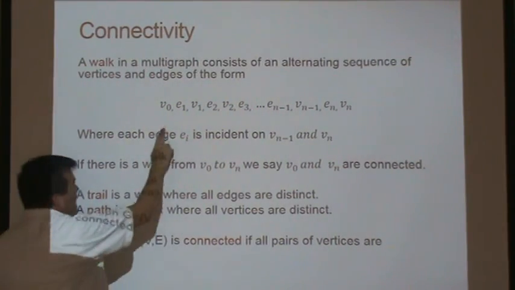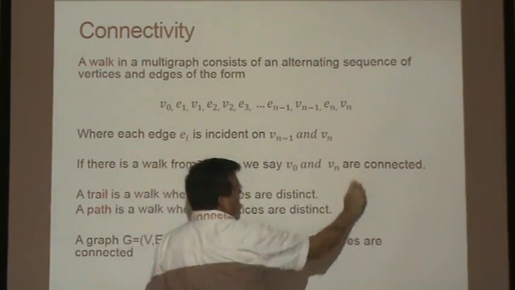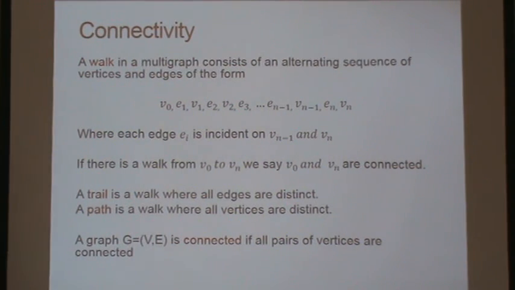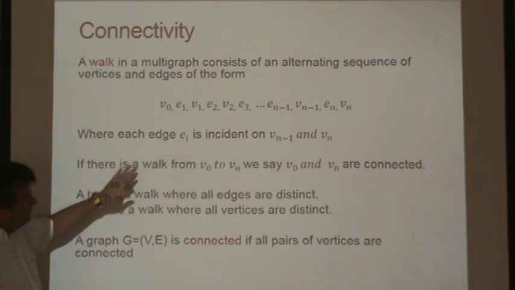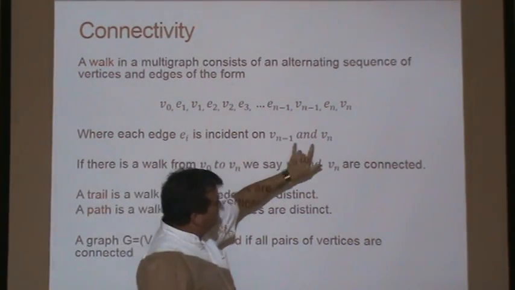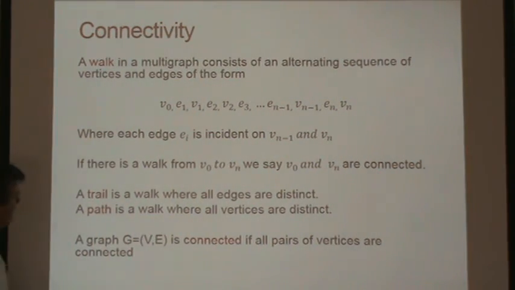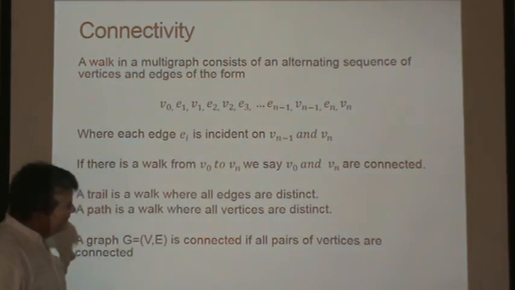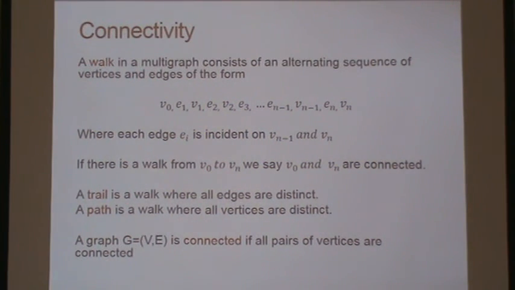So you're starting at vertex 0 and you're ending at vertex n. A walk would be where each edge is incident on the points between them. If there is a walk from 0 to n, we say that 0 and n are connected. So it would be a path that you could take from one point to another.